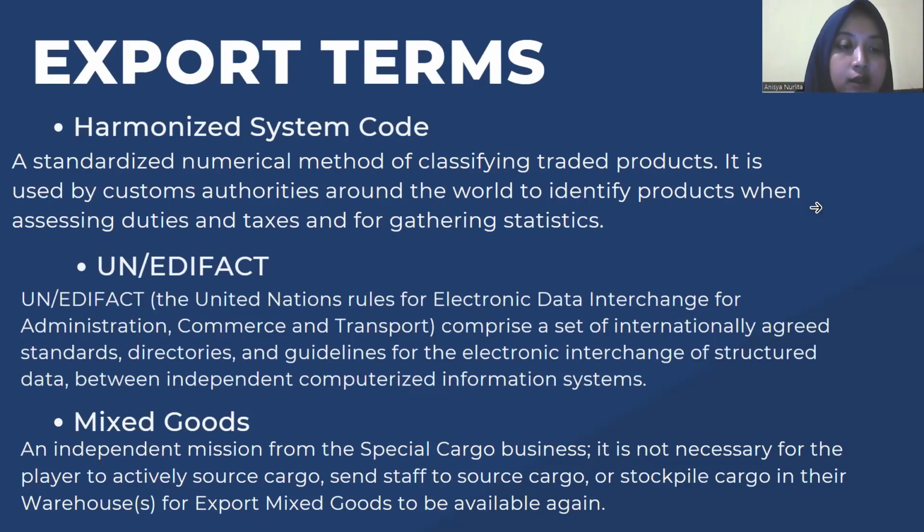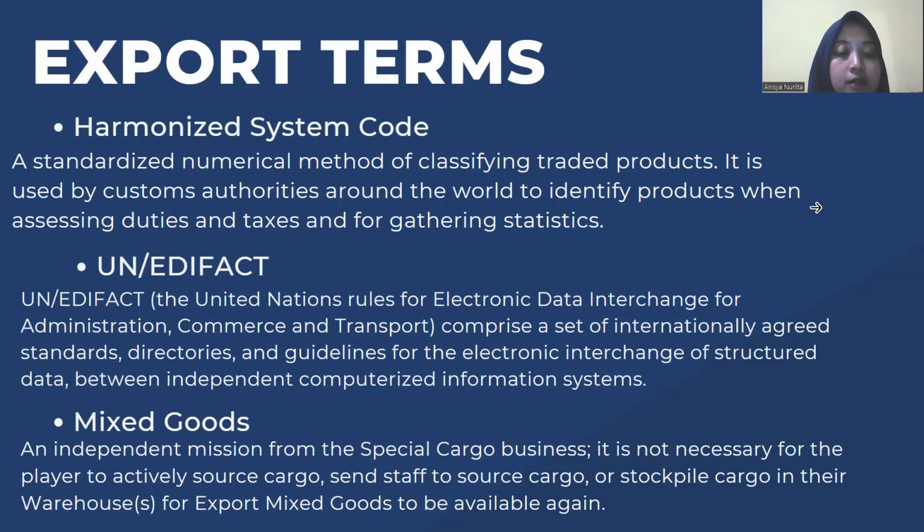Second, we have UN/EDIFACT, or United Nations Rules for Electronic Data Interchange for Administration, Commerce and Transport, comprised of a set of internationally agreed standards, directories and guidelines for the electronic interchange of structured data between independent computerized information systems.